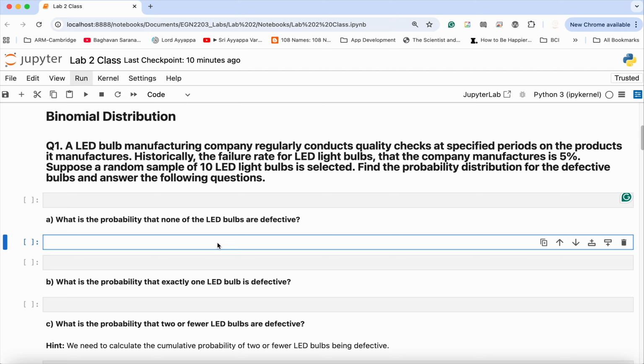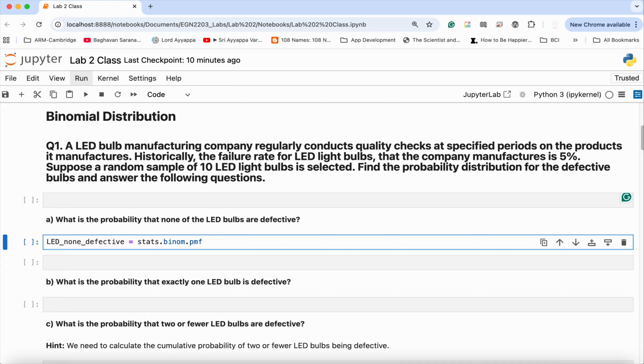How can I do that? I can say stats. Let me give it the answer that we're looking for: LED non defective equals stats.binom.pmf.